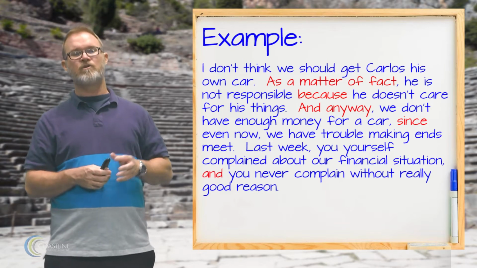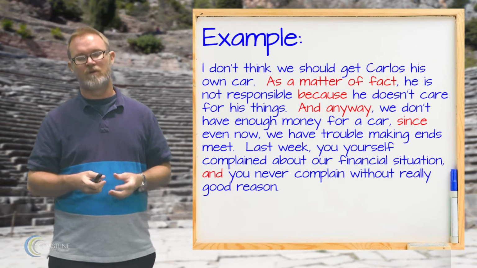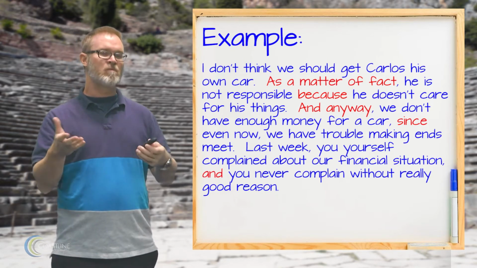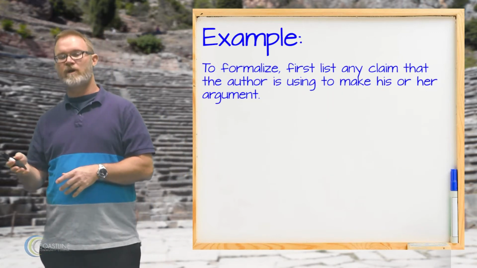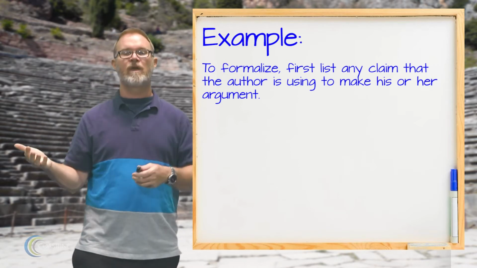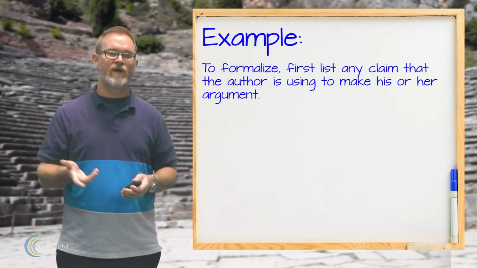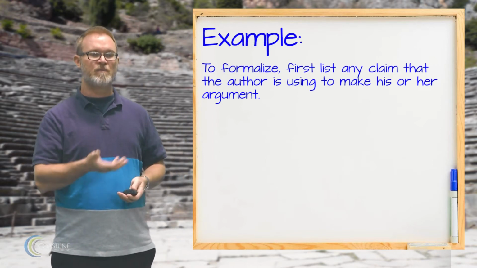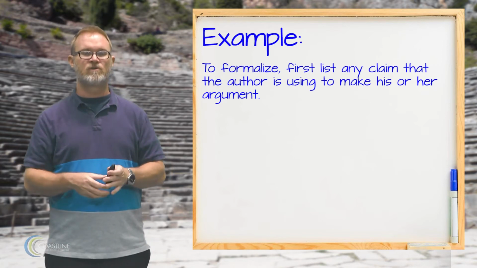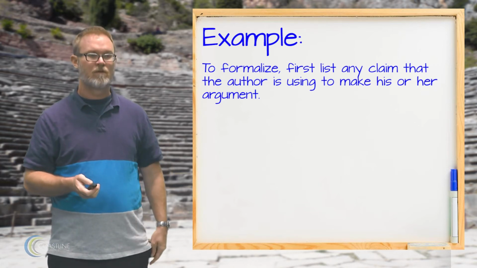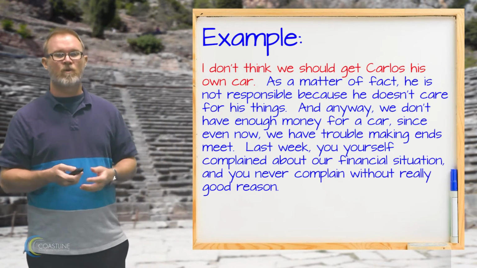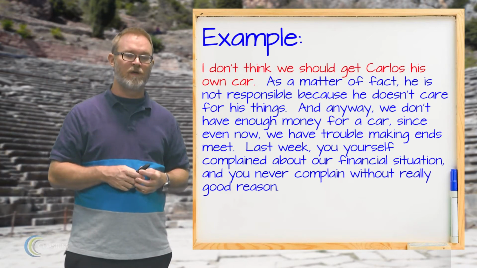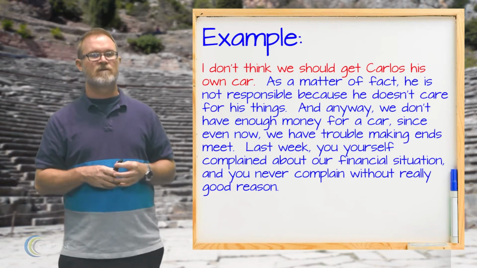Okay, so what we're going to do now is we're going to try to pick out the claims that go in this argument, not necessarily putting them in order at this point. We're just going to be pulling claims out as we see fit, as they look to be important, we're going to list them. So the first claim that we're going to pull out of the passage is the very first one.